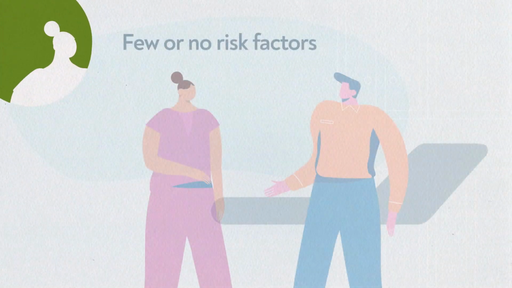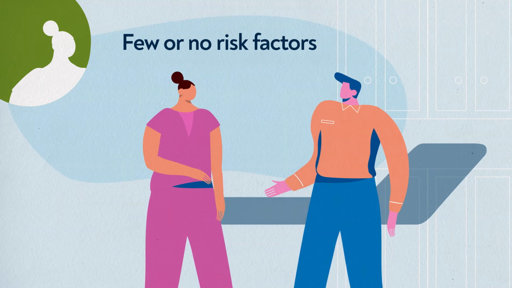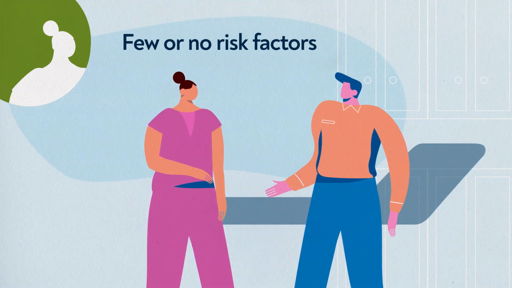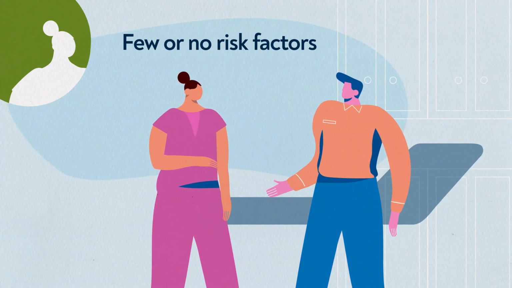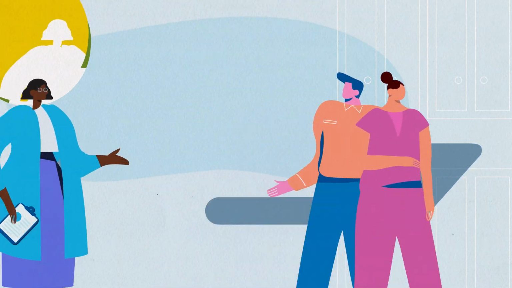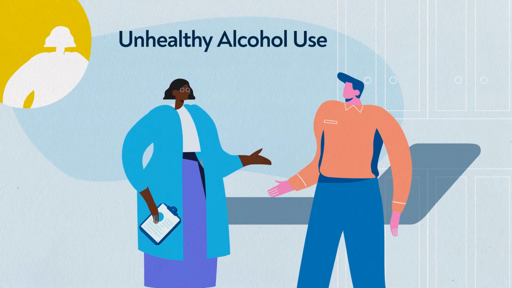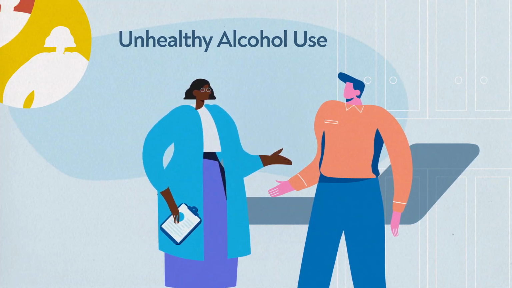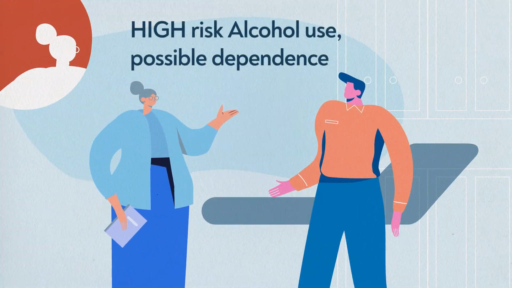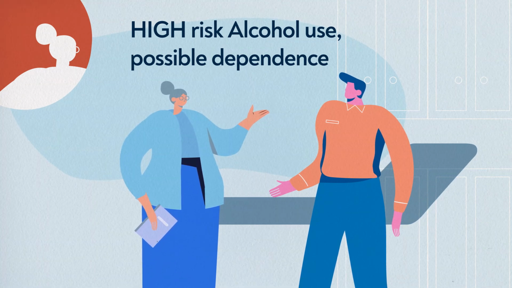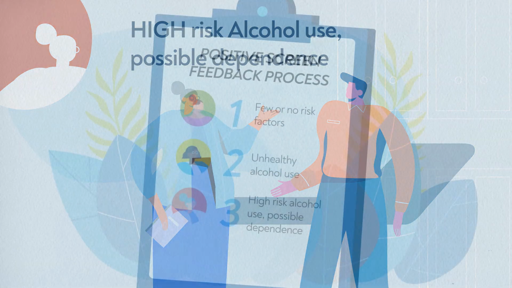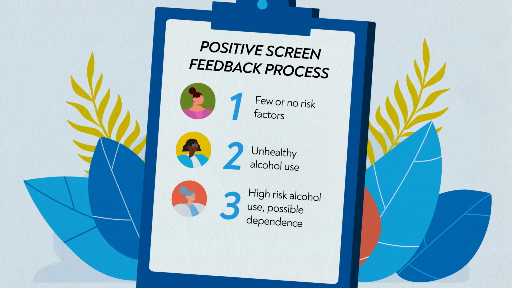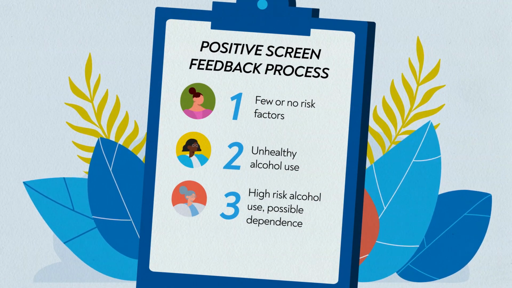For example, if their alcohol use falls into the low-risk category, a medical assistant could affirm their healthy choices and share information about low-risk guidelines. Or, if the screen results indicate higher risk, maybe their provider or a behavioral health specialist has a conversation with them about lifestyle changes, community support groups, and treatment options. Design a standard way to respond that works best for your team and the patient's needs.